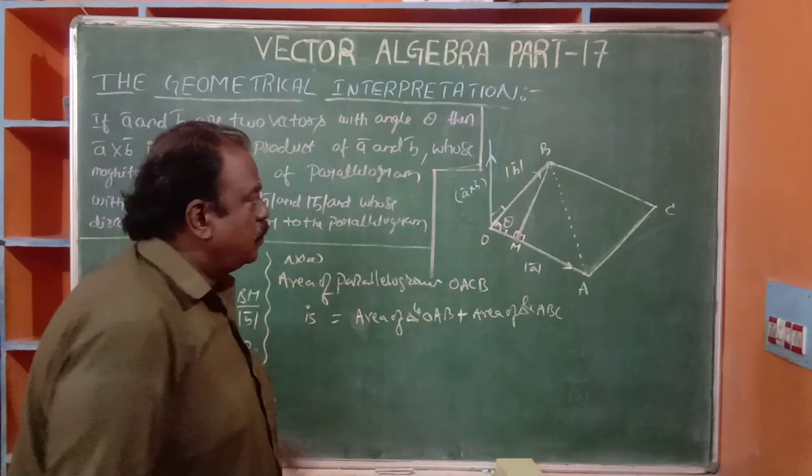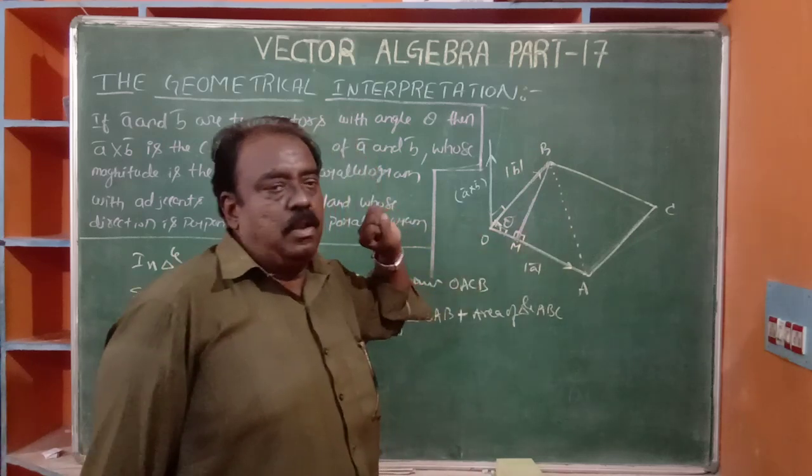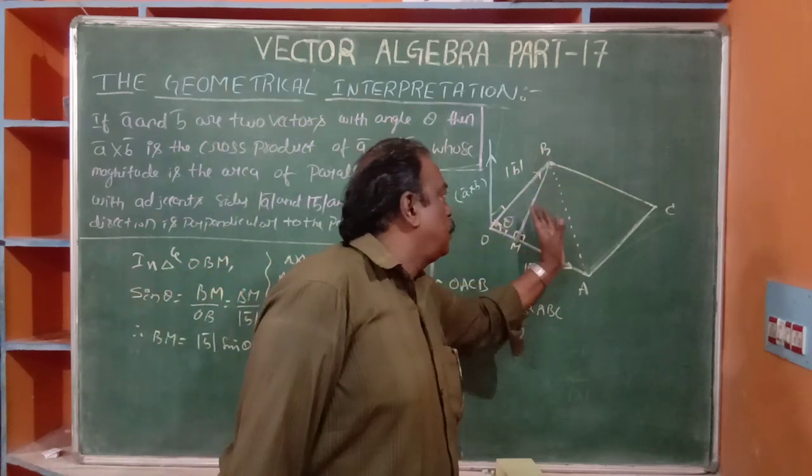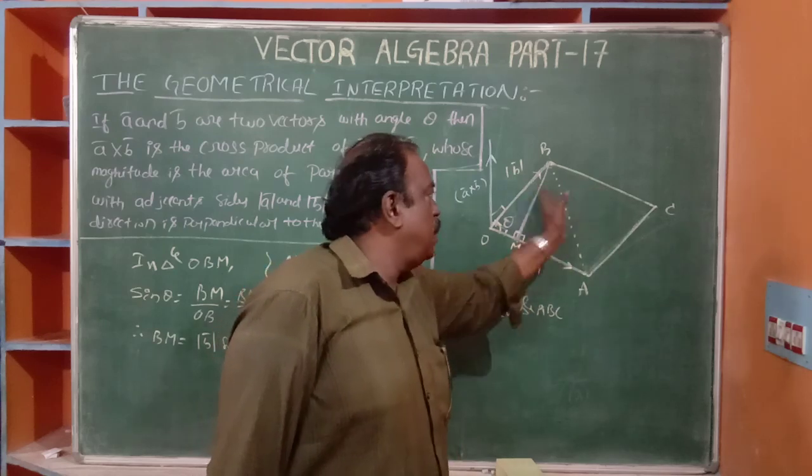Will you agree? This is the total parallelogram. OAB is one part, ABC is another part. Two triangles, the same triangles.